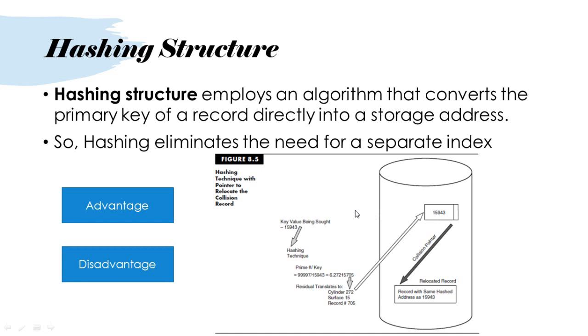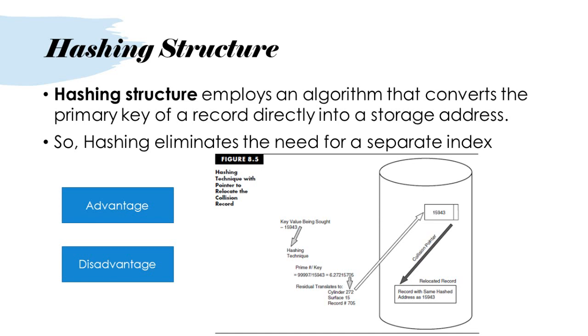Of course, it has advantages and disadvantages. The first advantage is access speed. Calculating a record's address is faster than searching for it through an index.